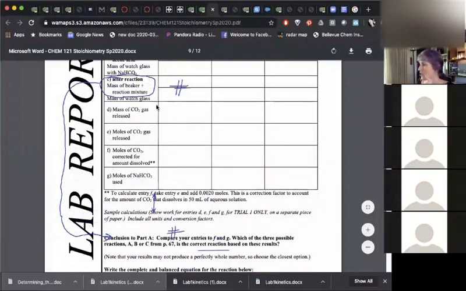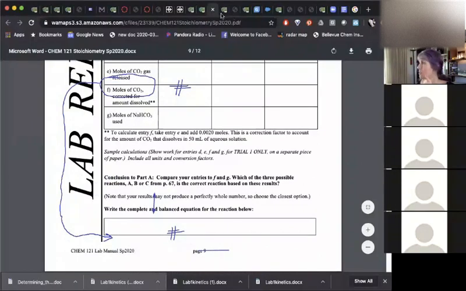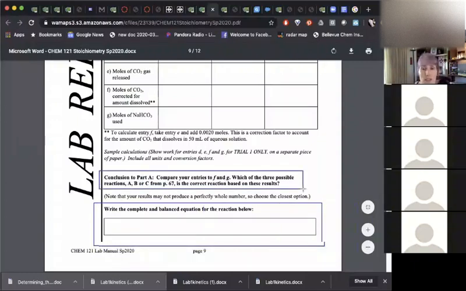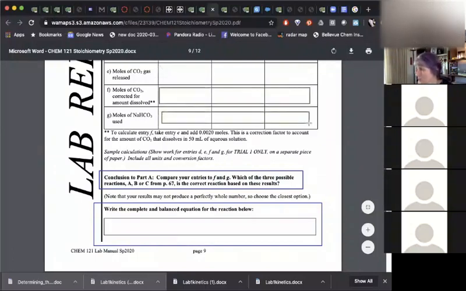Then we're going to use that relationship to pick the reaction. So you'll have to pick reaction A, B, or C. Which one is the right one? Using your data. So you'll have three different relationships, right? You're going to compare these numbers with these numbers. Are they 1 to 1? Are they 1 to 2? Or are they 2 to 1? And then you're going to pick your reaction and write it right here.